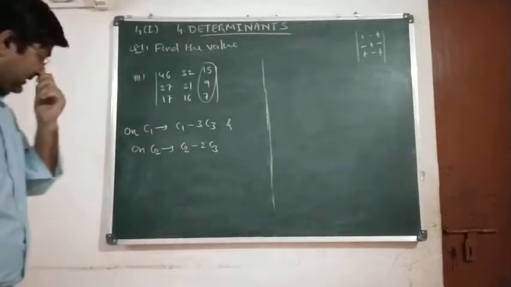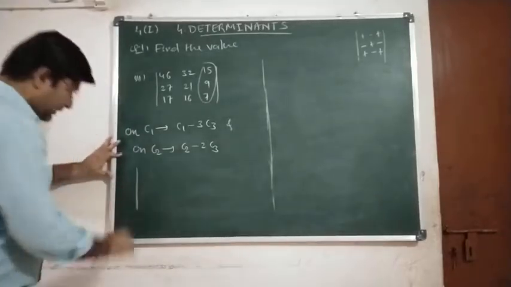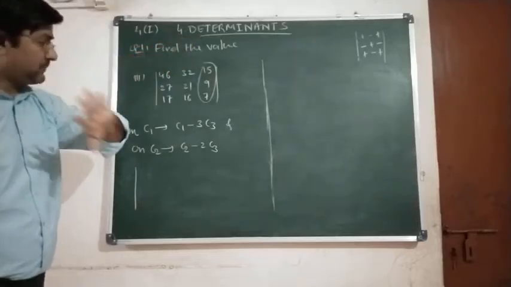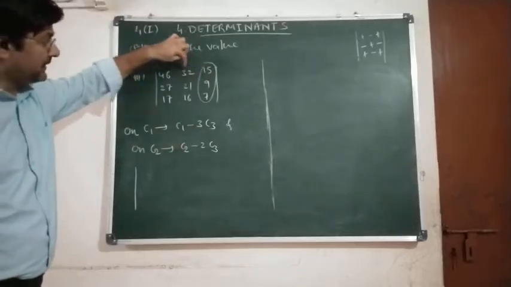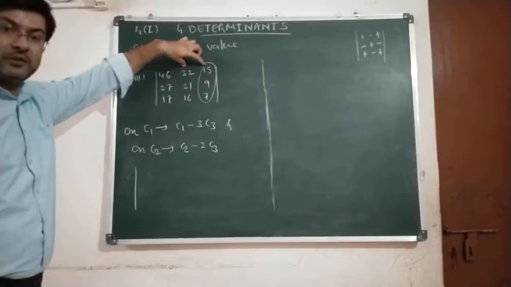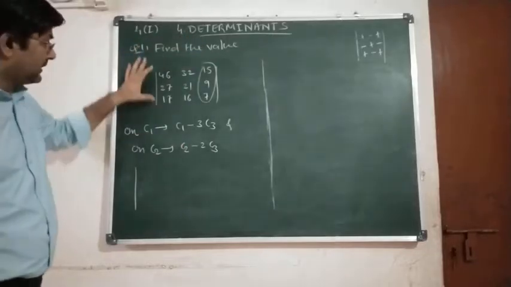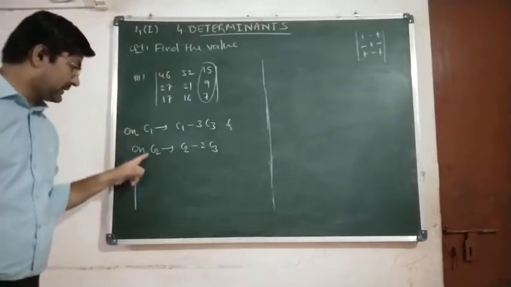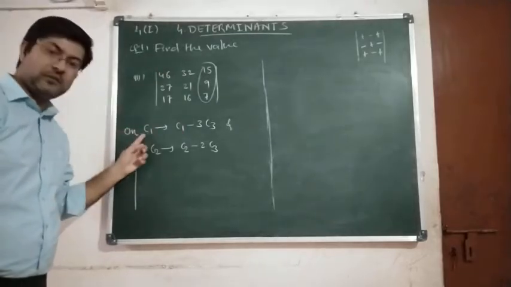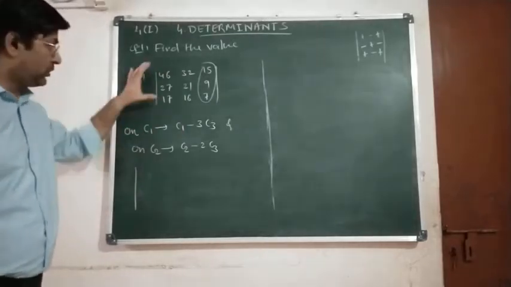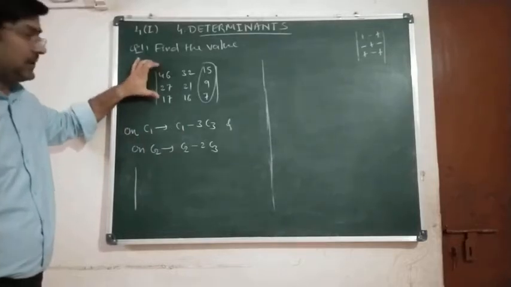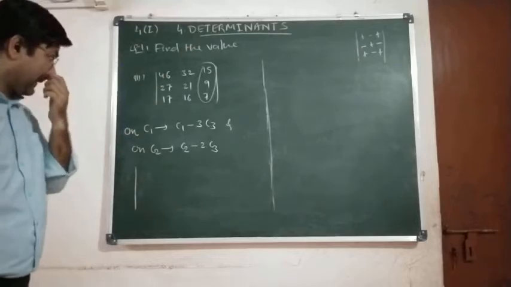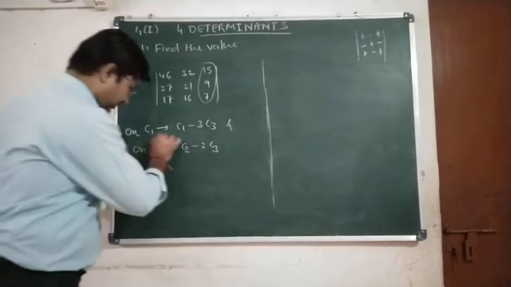Let us see now what happens. When you multiply the third column elements by 3, remember that no changes are made in the second and third columns. The changes will be made in the first column only, because the operation is carried out on the first column. So only the elements of the first column will change; the second and third columns remain as they are.